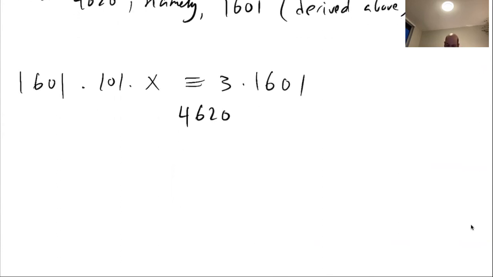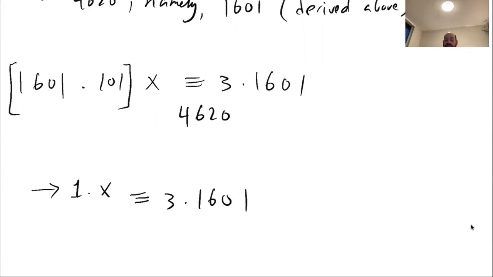Now this part is 1 mod 4620, right? So that means 1 times X, 3 times 1601. So that was the point, right? To get 1 times X, which gives us X, and we want to find X. Now 3 times 1601 mod 4620.